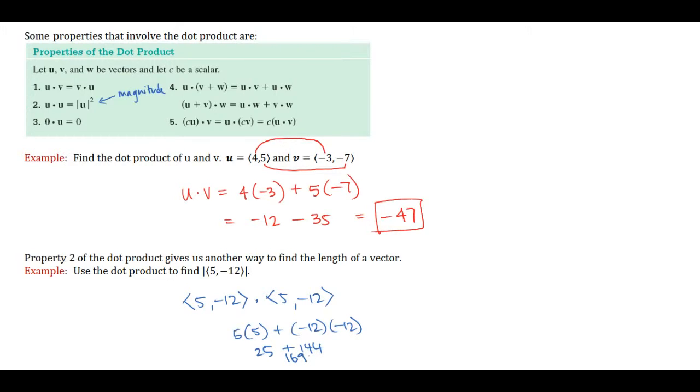Now notice that scalar is the magnitude squared, so if I just square root that 169, I get 13. That would be the dot product helping me find the magnitude of that vector. And you can still use your old magnitude formula. I just wanted to show you how the dot product would also work. Kind of interesting. All right, let's let you try a dot product, and I'll see you in a few.